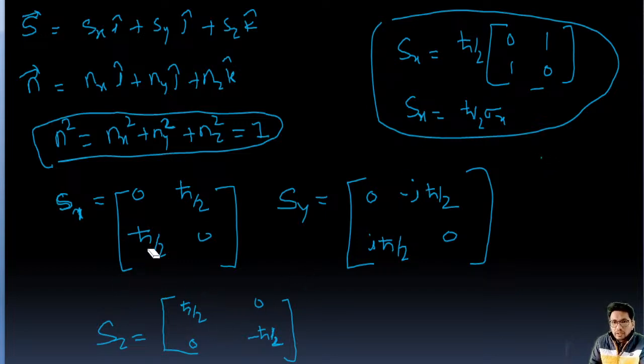So these are the values of Sx, Sy and Sz. Now what we are going to do, we will find out n dot s. Vector n dot s, right?